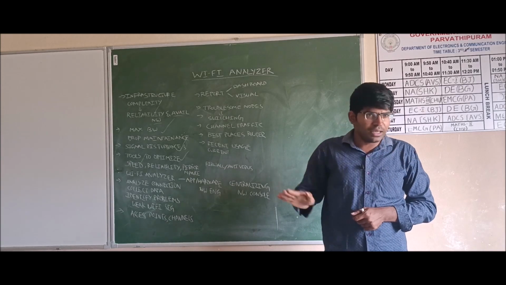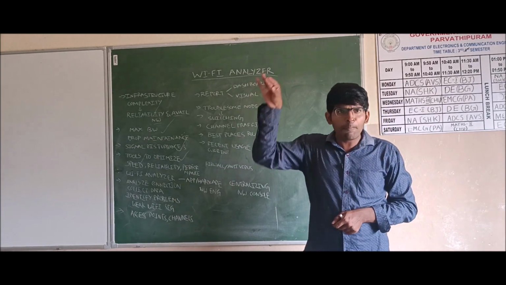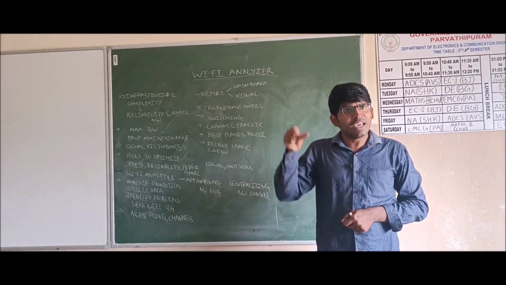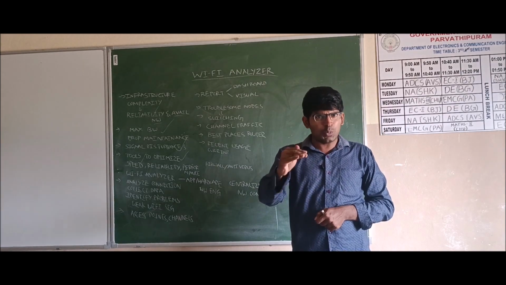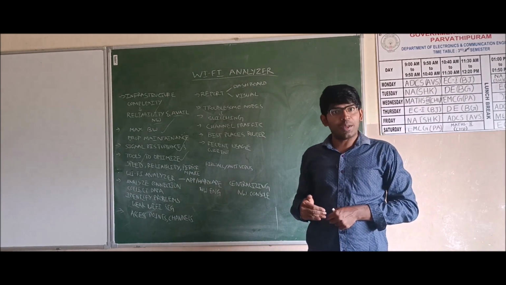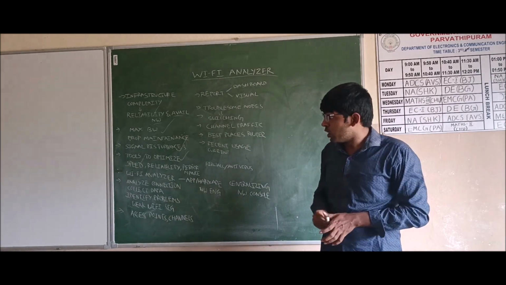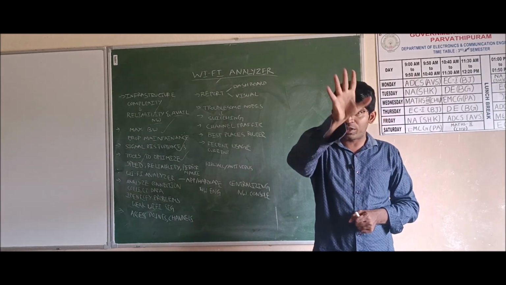We are not saying there are no disturbances in a wired connection, but compared to wireless, the disturbances in wired connection are very few. We expect consistent speed, but in Wi-Fi the disturbances are more. So we are using the Wi-Fi analyzer only for the wireless network, remember.